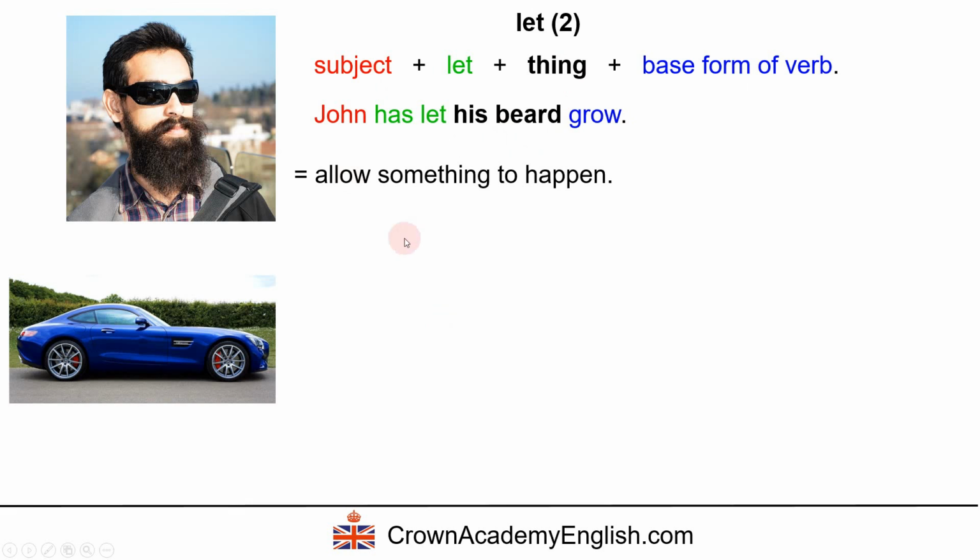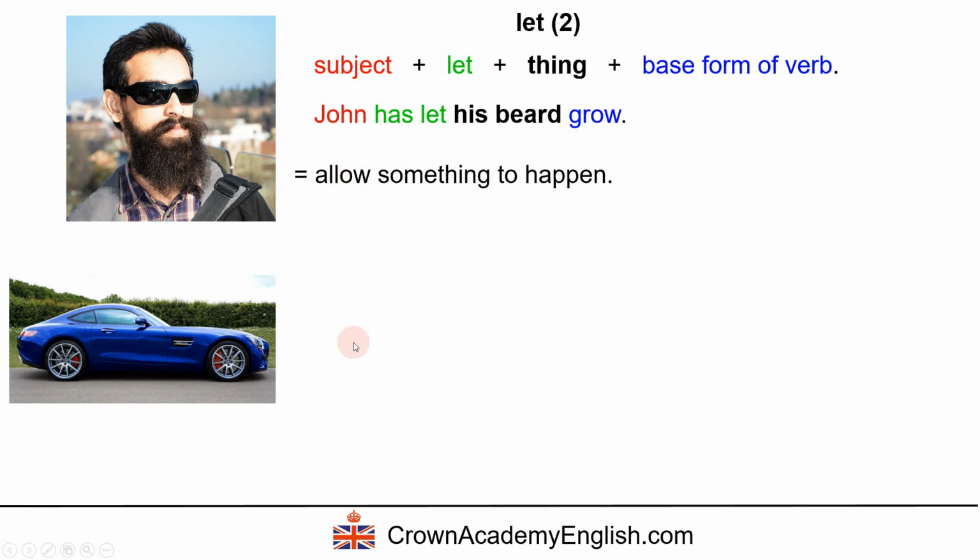Okay, so he hasn't bothered shaving, he hasn't shaved, therefore he has let his beard grow. Okay, has let, here we have, it's the present perfect, isn't it? Yes, it's the present perfect, has let, because the past participle of let is also let. And here we have the base form of grow.